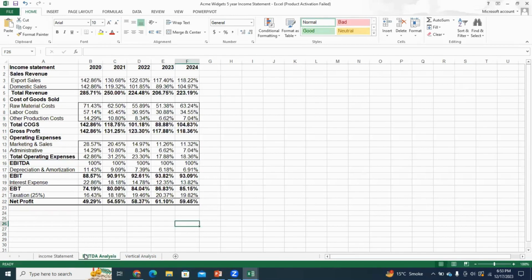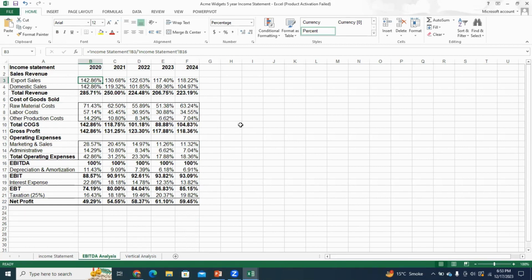The next, a very good thing, I have an EBITDA analysis here. See my EBITDA, I have assumed it is 100%. So as EBITDA is 100%, what is the percent of the revenue to the EBITDA? See, my export sales are 142.86%. So this is an advanced analysis of an income statement. This is a technique.